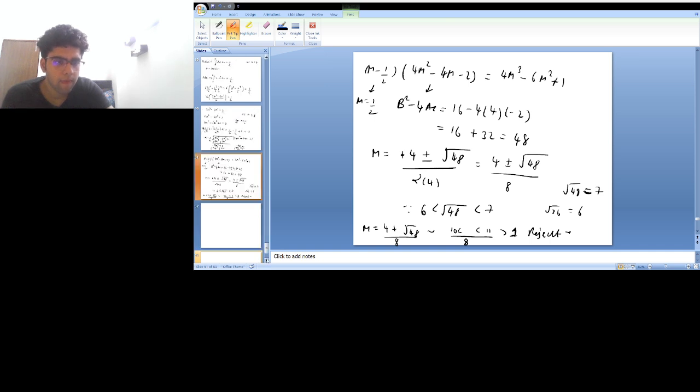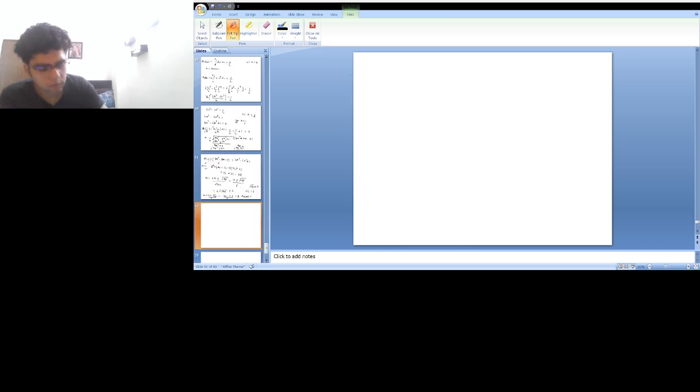Now for the second value, this is 4 minus root 48 upon 8. Again, see, root 48 lies between 6 and 7. If I take the value as 6, this will give me 4 minus 6, which is minus 2. And if I take the value as 7, 4 minus 7 gives me minus 3.